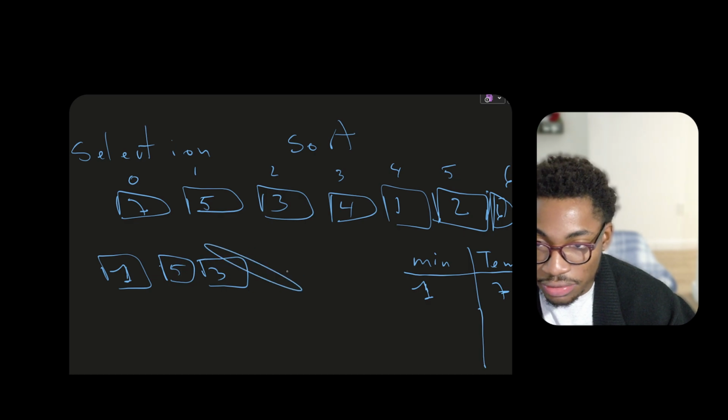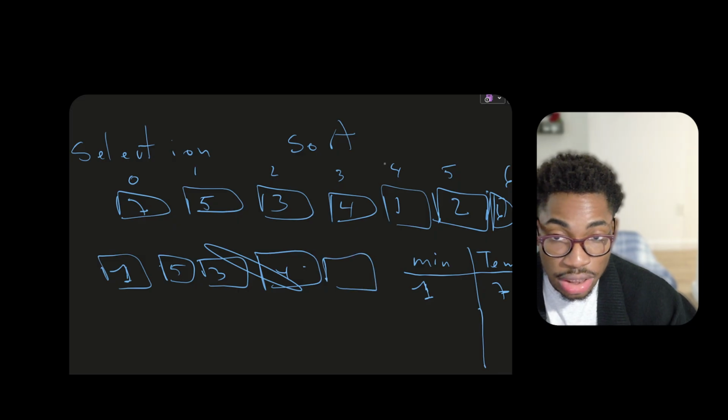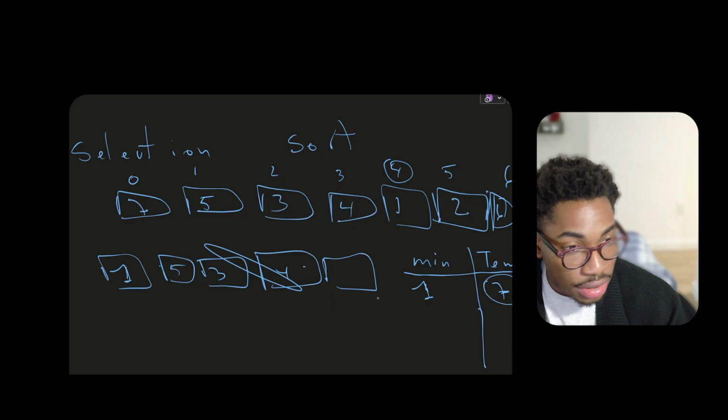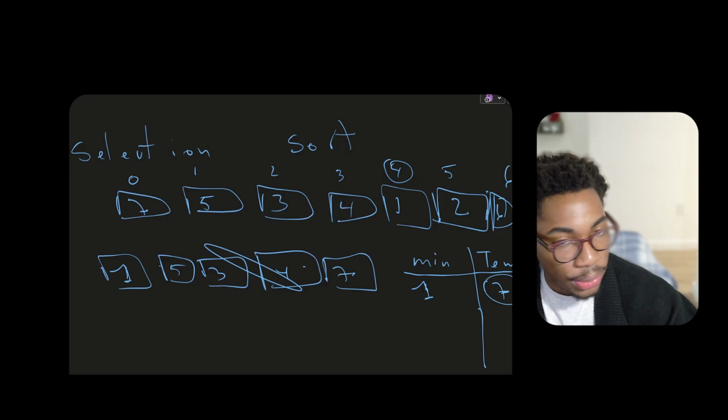At this point, we're gonna have 4. Since I just replaced it, I replaced this value here with the temporary value, which is 7. And then we're gonna have 7. Does that make sense? Because now we're using the index as our pinpoint. Since I replaced it, this has been sorted.